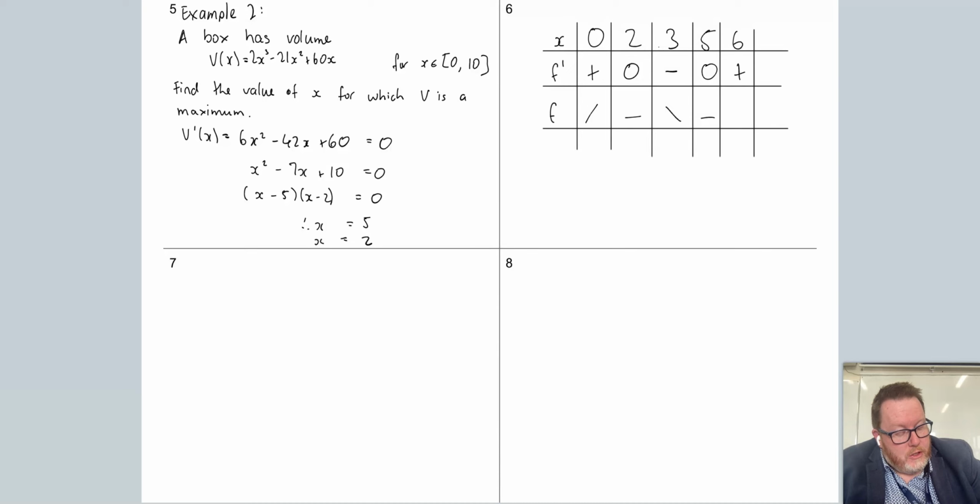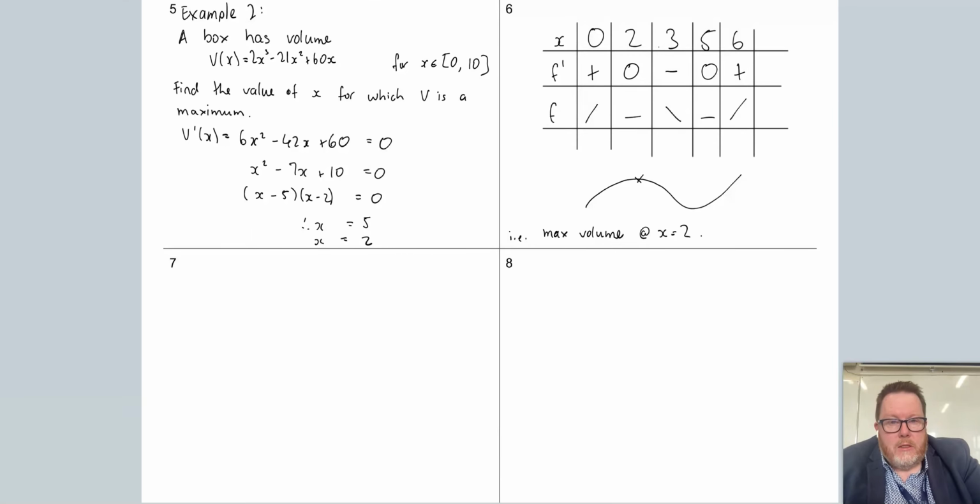And it means that the function is going upwards. So we can see from this that we've got this sort of thing happening here. And this must therefore be the local maximum. So we can conclude, i.e. maximum volume at x is equal to 2.